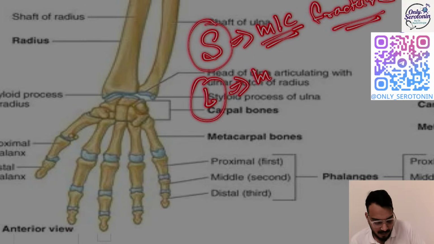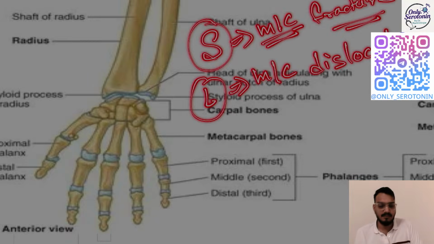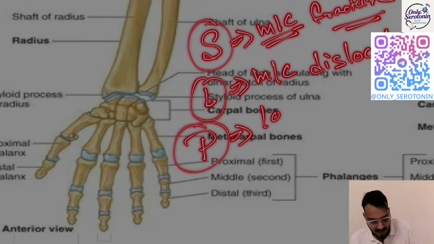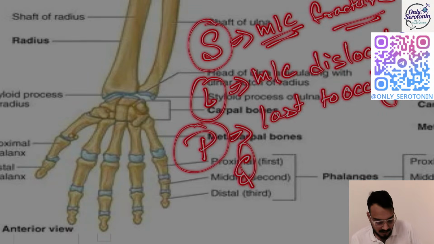Lunate is the most common bone which will get dislocated. Then we have one important bone, that is pisiform. Pisiform is the last to ossify, and it is also the smallest bone.